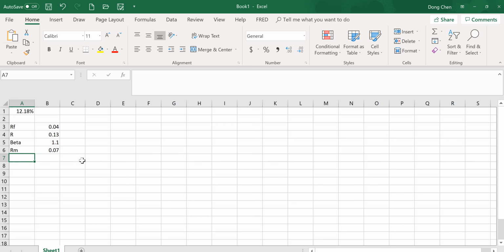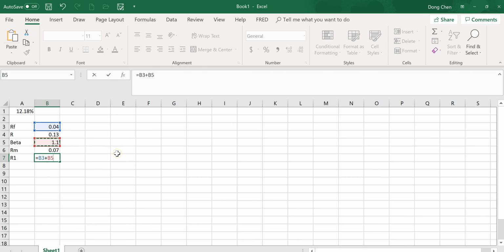Now the calculated return, let me call it R_1. Based on R_M, beta, and R_f, I can calculate R_1, based on CAPM, as R_f plus beta times R_M minus R_f. So in this step, I'm using CAPM to figure out the expected return on this security.